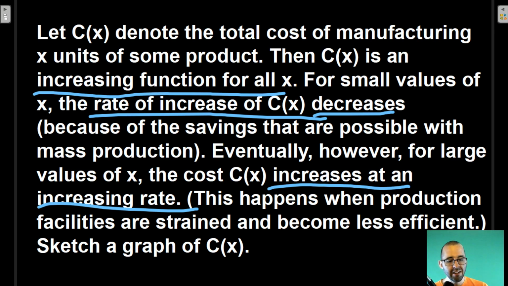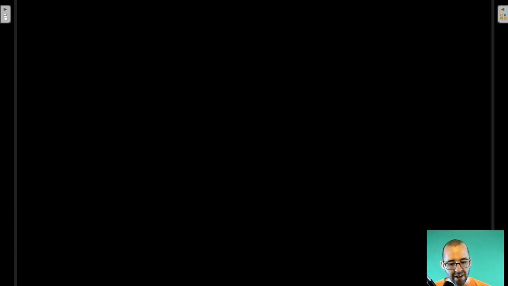So let's combine all the information of these blue lines. So first blue line up here says increasing function for all x, right? So that means c of x is always increasing.